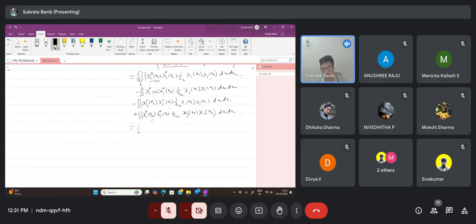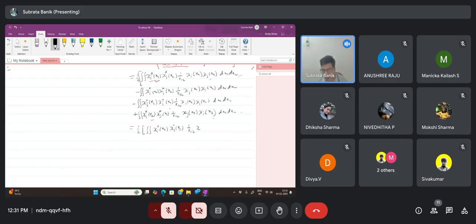What we do here, you see, if I make i equal to j, let me write the first term as it is. I have integration of chi i star of x1, chi j star of x2, 1 upon r12.